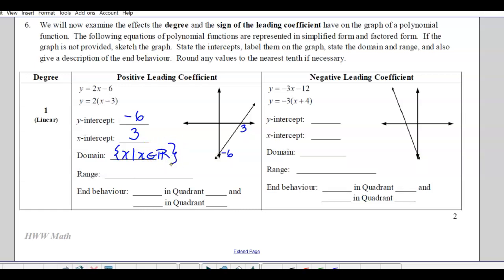Okay, and the range of a line is also all real numbers. And then if we describe our end behavior with regards to quadrants, then it's up in quadrant 1 and down in quadrant 3.